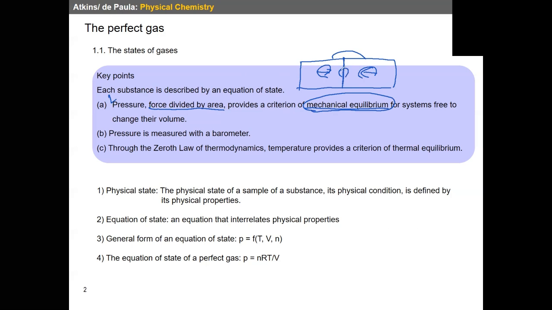Maybe it will move from the large force area to the small force area. But if there is a mechanical equilibrium state, then this wall will not move. This means there is no mechanical movement in the system, so we call that mechanical equilibrium.